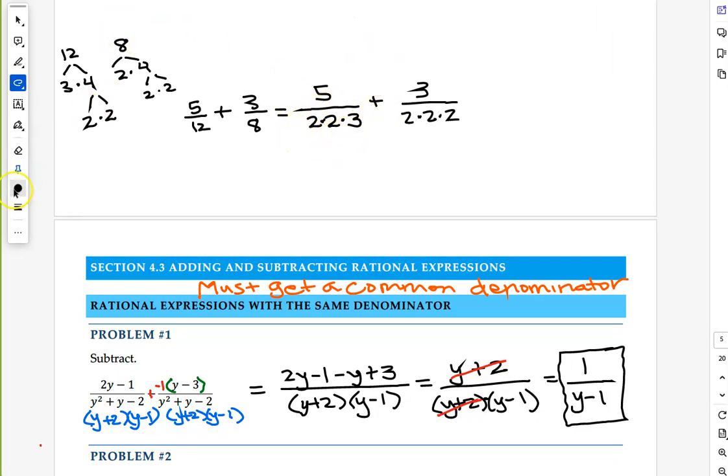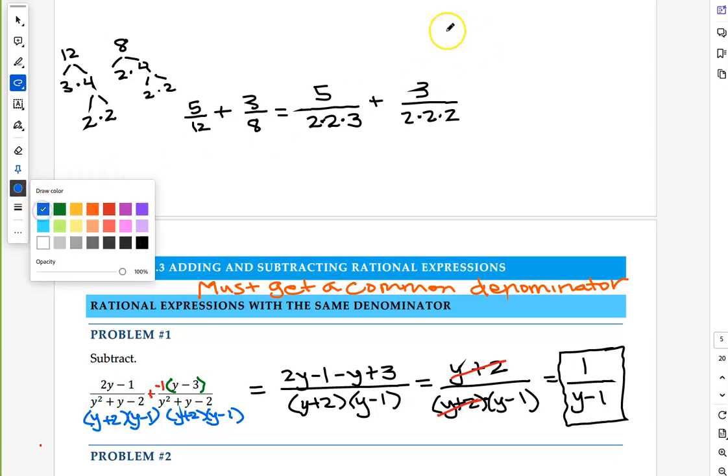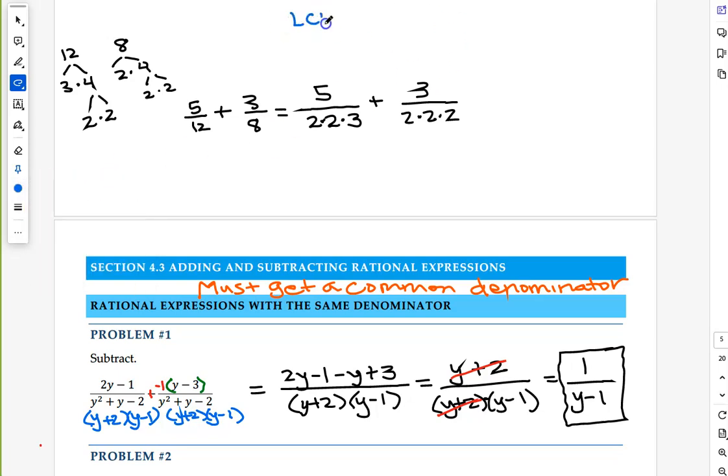When I'm trying to figure out my LCD, it has to be everything that both of them have in common. So this first one has that 2 times 2 times 3, so I know that's going to be part of my LCD. However, if I look at my other denominator, notice that there are 3 2's there, not just 2 2's.